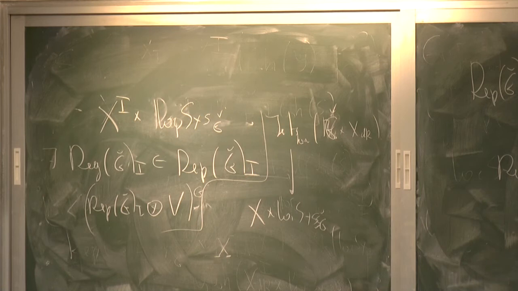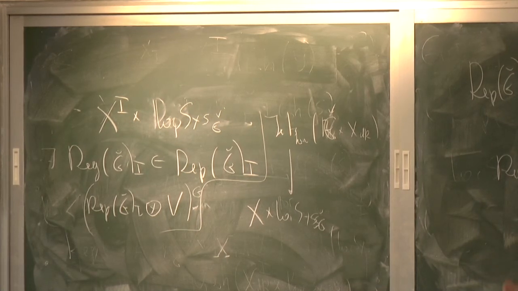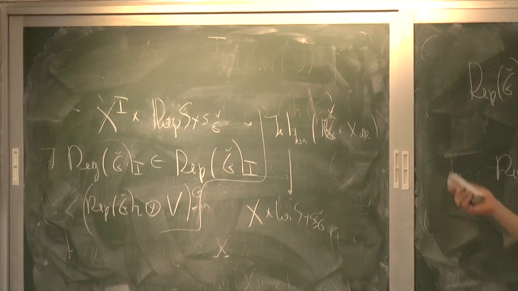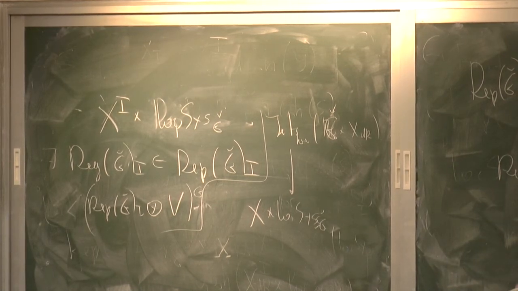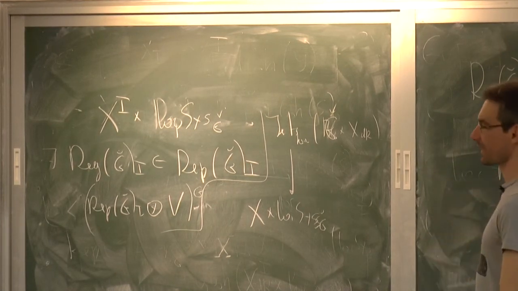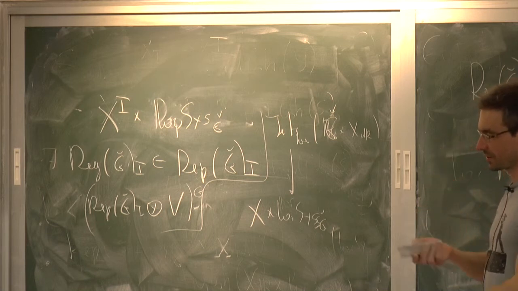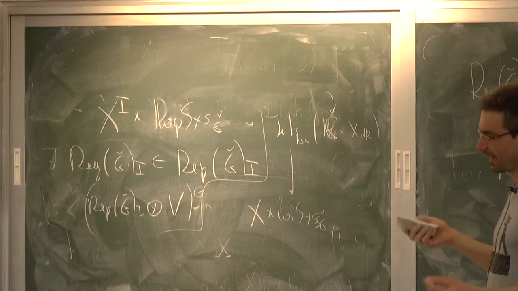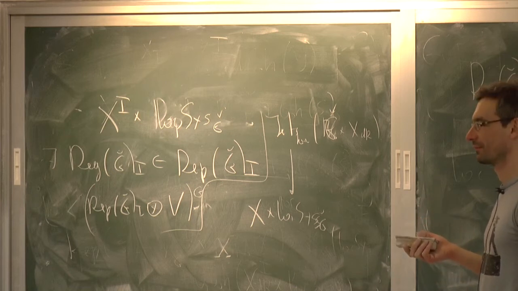So again, Sash, say it. No, but so here G was finite dimensional. Fine. Here, yes. But even if you start with something finite dimensional, when you construct this thing over x to the I, it's of infinite type, although over every fiber it is of finite type.